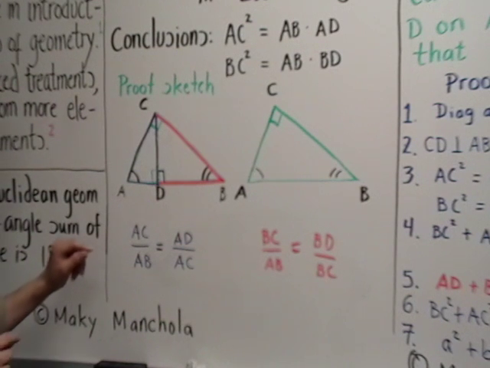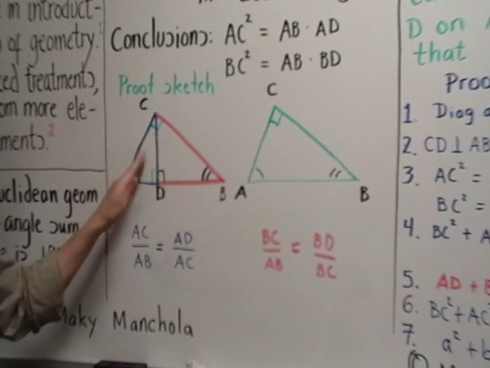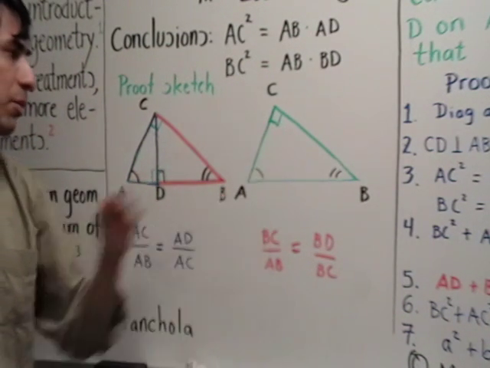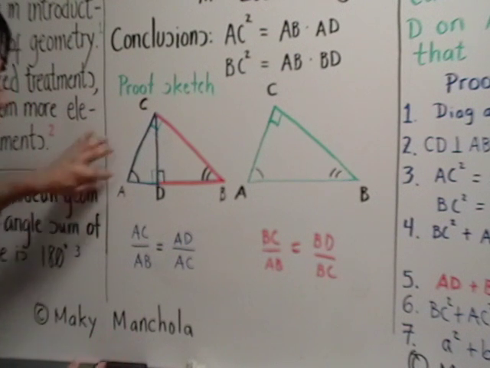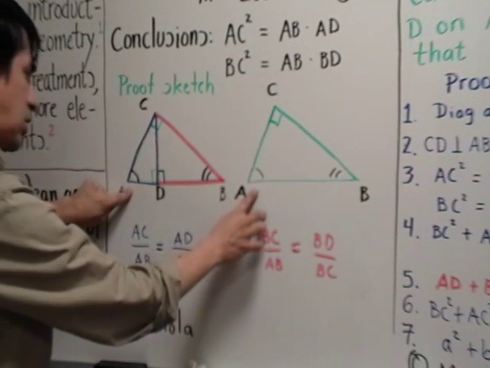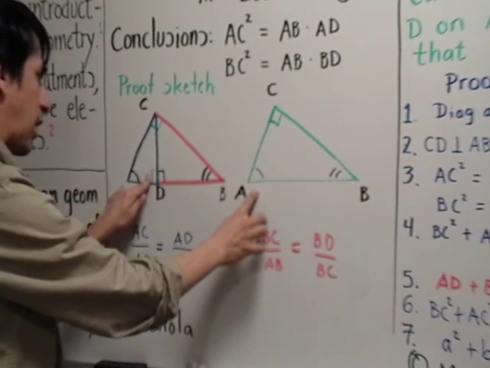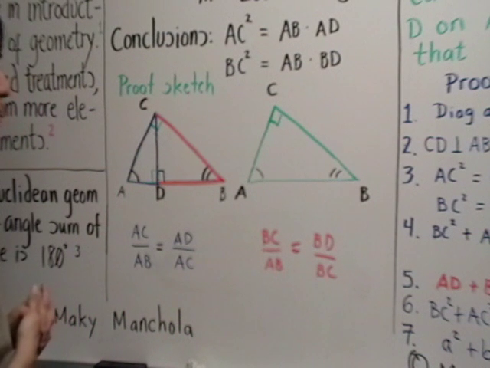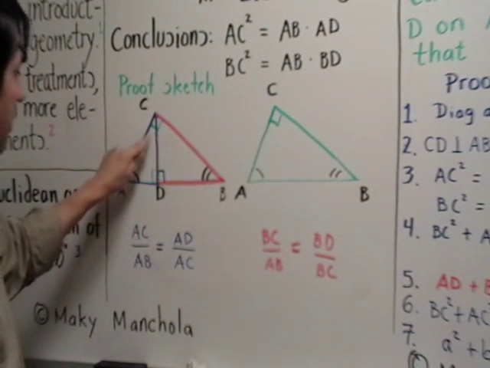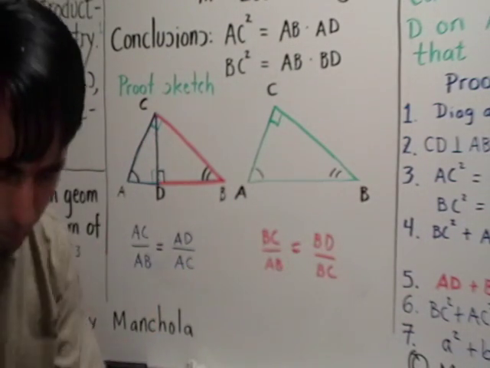We are going to note that the small triangle is in some way similar to the largest triangle. It happens to be as follows. Angle A is congruent to angle A. The right angle is congruent to the right angle. So because the interior angle sum of triangles is 180 degrees in Euclidean geometry, this third angle, the smaller angle, is congruent to the smaller angle in the big triangle.